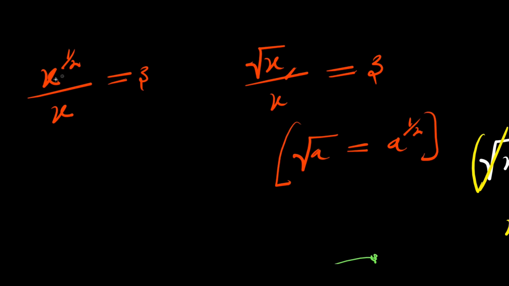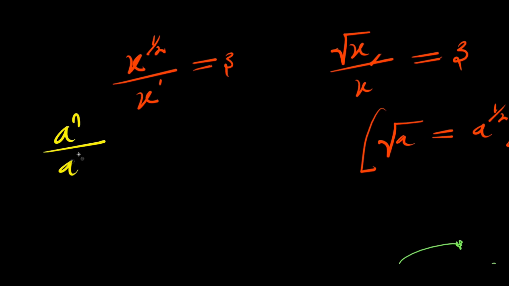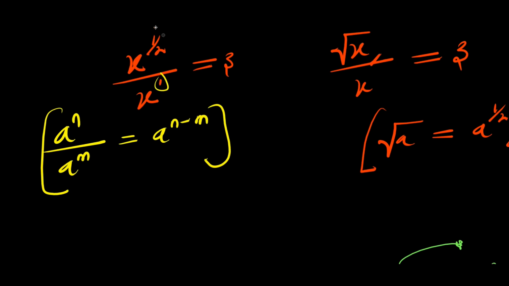So this is just like having x power 1 over 2 divided by x equals 3, and this to the power of 1. Now, if you have a power m divided by a power n, this equals a power m minus n. So this is power 1, this is power 1 over 2. I can have x power 1 over 2 minus 1 equals 3.